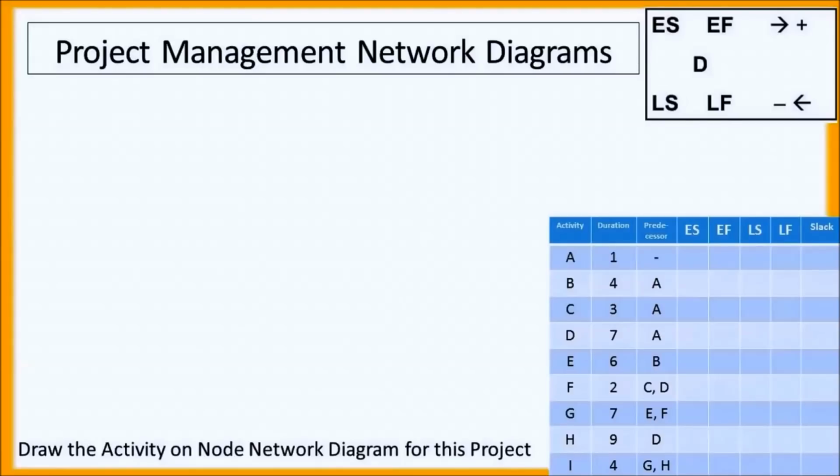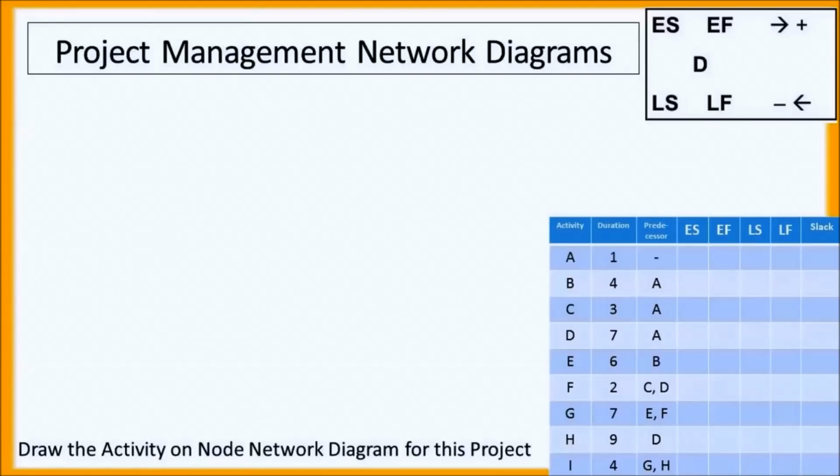Here is the network, giving you a variety of activities, durations, and predecessors. The very first task that you need to be able to do is draw the activity on node network diagram for this project. So I want you to pause the video and try to draw it for yourself. Then we'll come back and I will draw it for you.